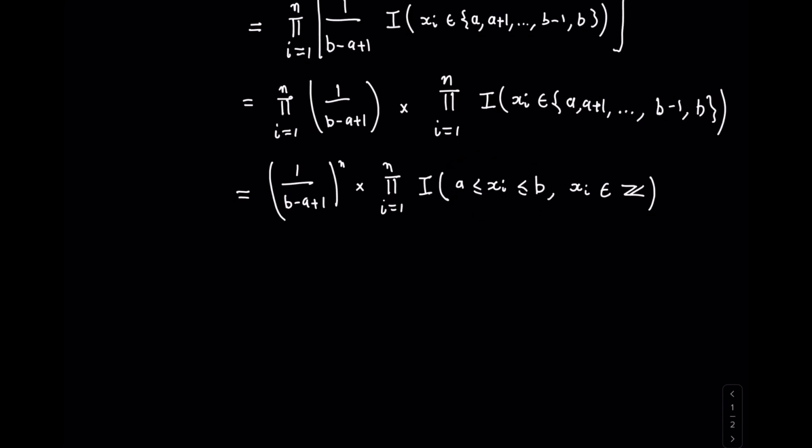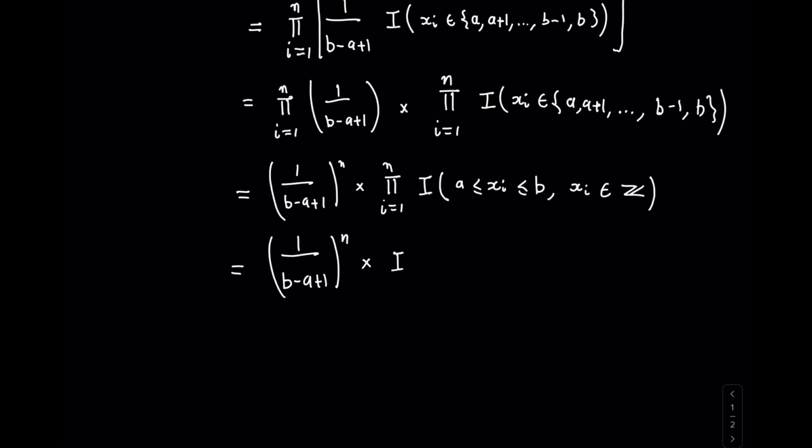Now, from here we recognize that we've still got b minus a plus 1 to the power of n. And for this product here, I'm just going to write out this product for all of the cases.